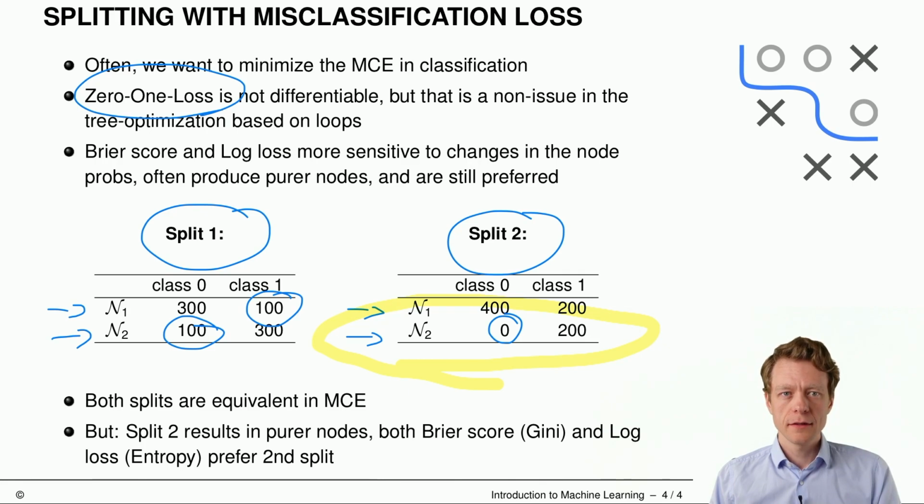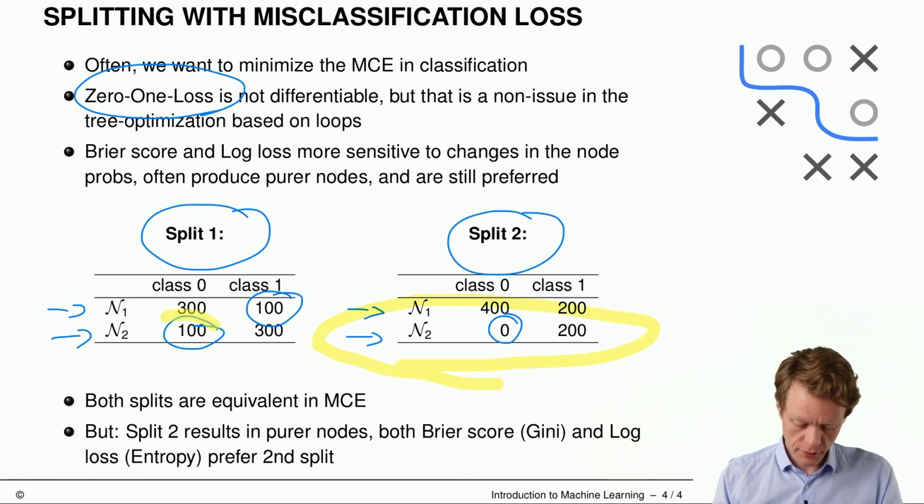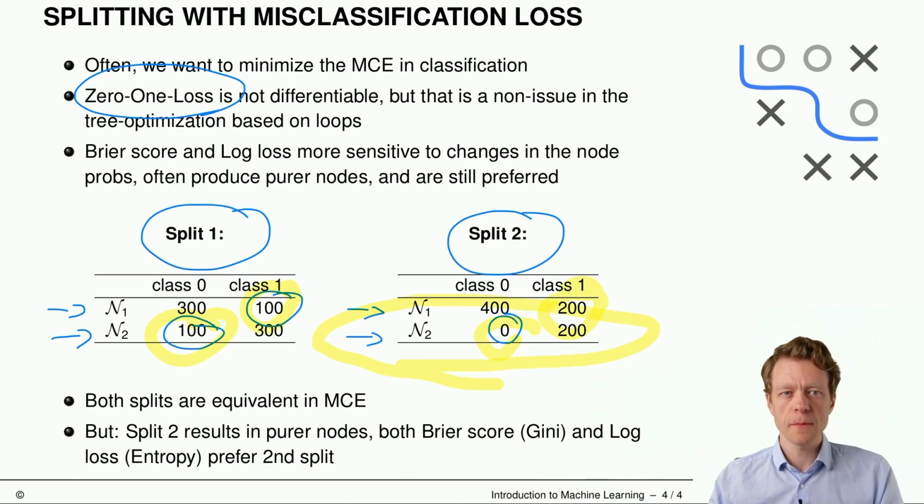And both Brier score and log loss prefer this second split. So if using the mean misclassification error, there wouldn't be any difference between split 1 and split 2, because in both cases we have 200 misclassified observations.